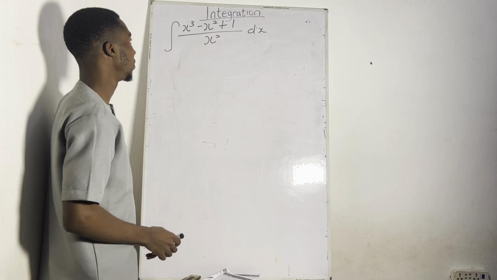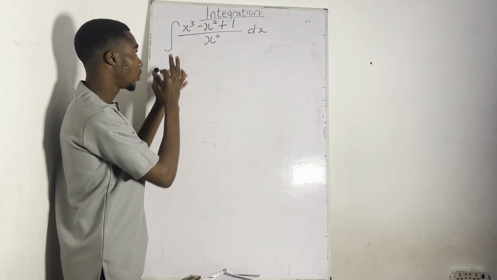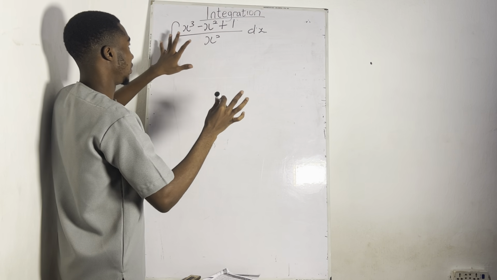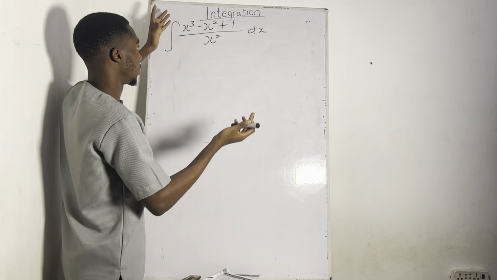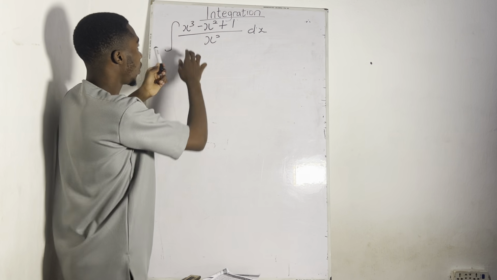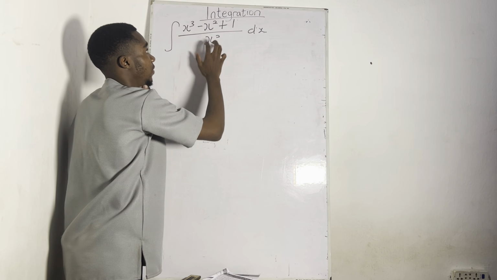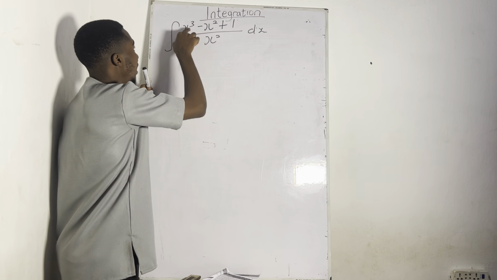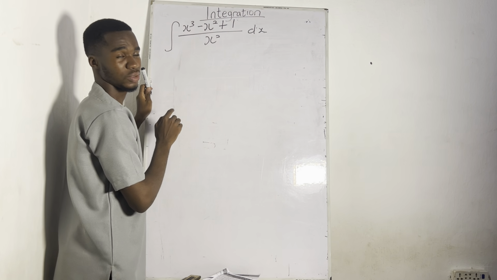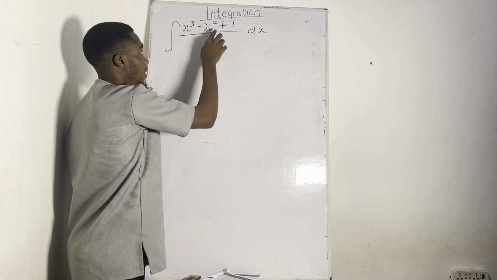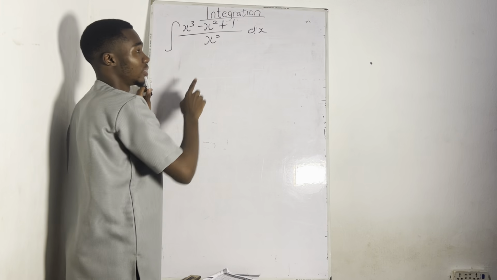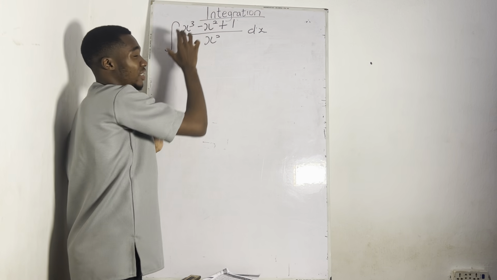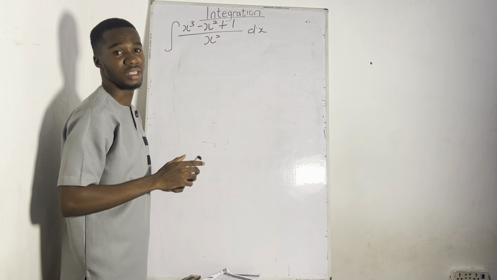Now let's just do simple mathematics here. What does this mean? Even if you are not integrating, if you have only this as the question, it means what is at the numerator is divided by x squared. So it means x cubed is divided by x squared, negative x squared is divided by x squared, and 1 is also divided by x squared. Every single thing at the top is divided by the x squared.